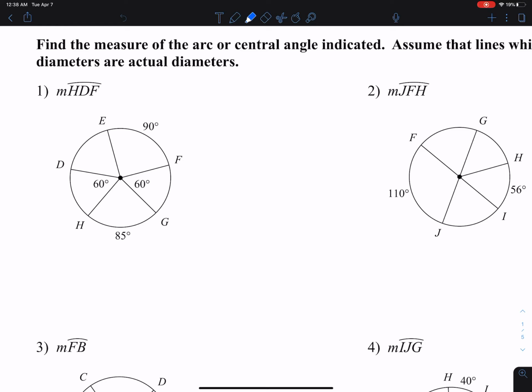So we have arc HDF, which goes all the way around like this. We don't know what this angle is right here, but we know that this central angle is 60, this other one here is 90, and this one is 85. So we can add these together and subtract from 360.